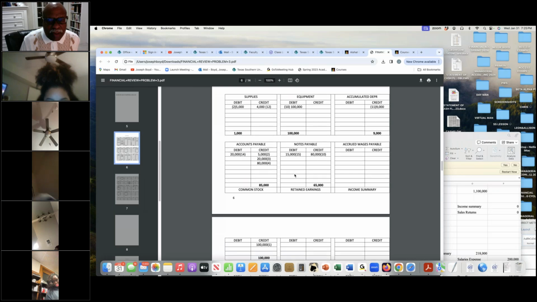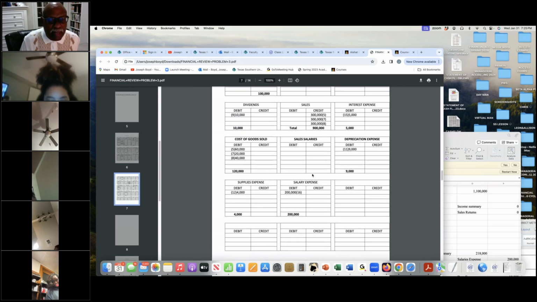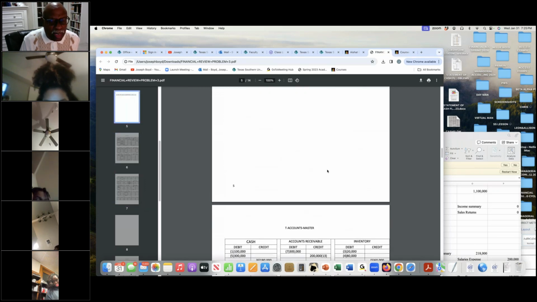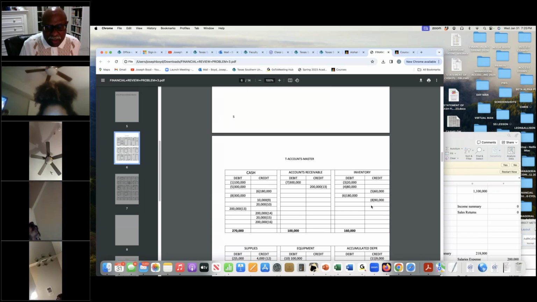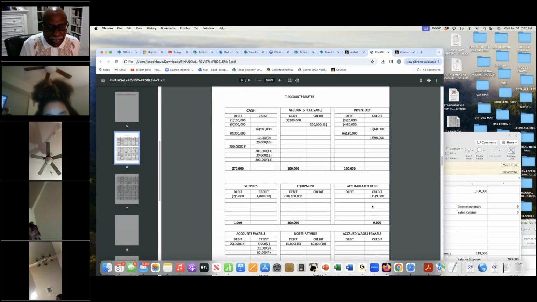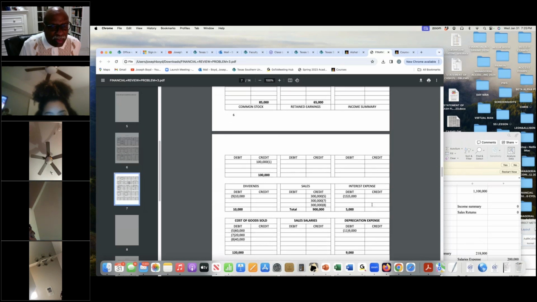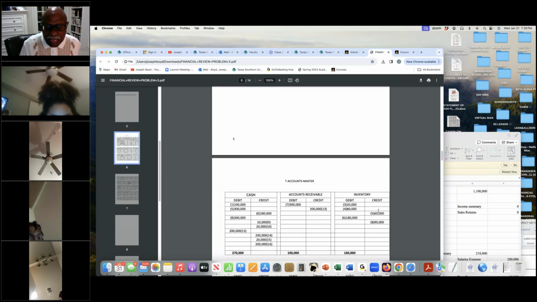But when you made your sales, you had 3 sales. And in those sales, 300, 300, and 300. I think two were cash sales and one was a sale on account. You got that in there. Now I need 3 credits for cost of goods sold. In cost of goods sold, you got 3 debits, 60, 20, and 40. When I go up here, I need to see the same numbers.